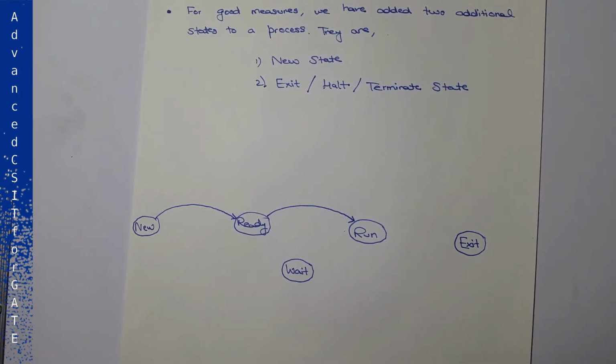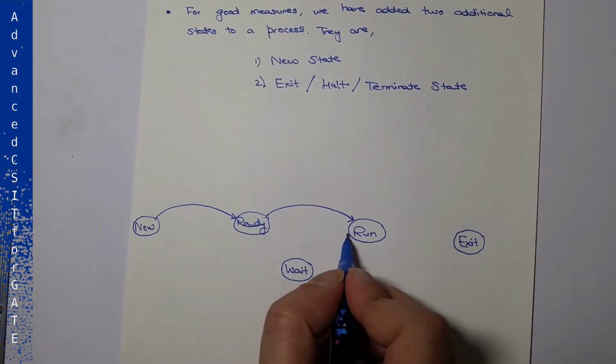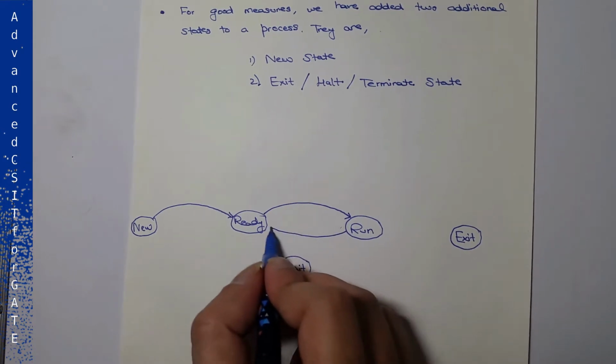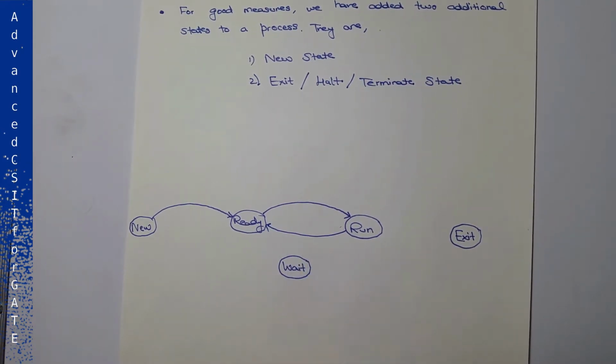Now here we added two states because the last time we went from running state to not running state when either interrupt occurs or timeout occurs. Here, if the interrupt or timeout occurs, we go to ready state, but if in the event an input output is required, last time we went straight to not running state.